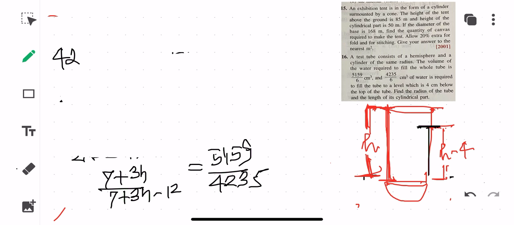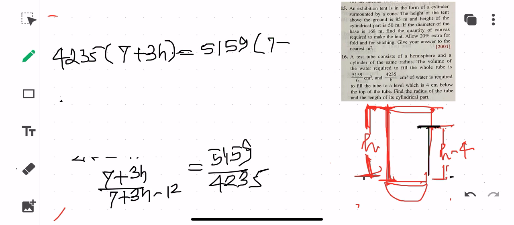So this is 4235 into 7 plus 3h is equal to 5159 into 7 plus 3h minus 12. So before that you can just write that 7 minus 12 is how much, children? Sorry, 7 minus 12 is minus 5. So just write down 3h minus 5.